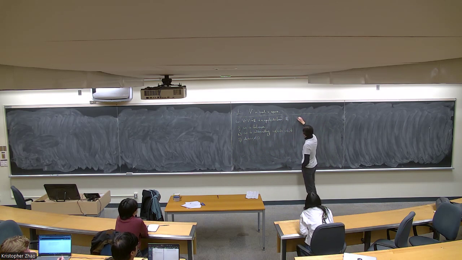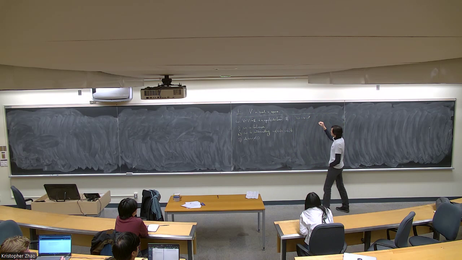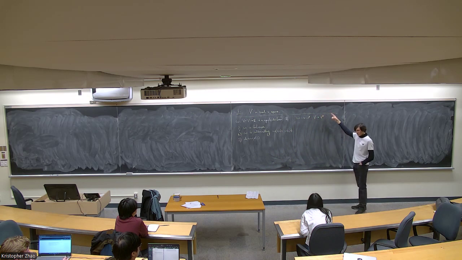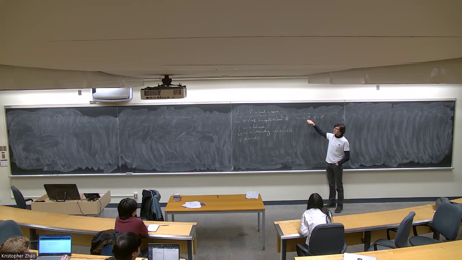Then there's also another description, which passes from omega to the so-called omega sharp, and it's now a map from V to V star, the space of linear functionals on V. How do we obtain this omega sharp from omega?